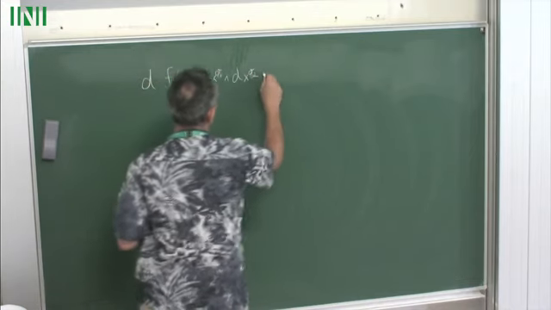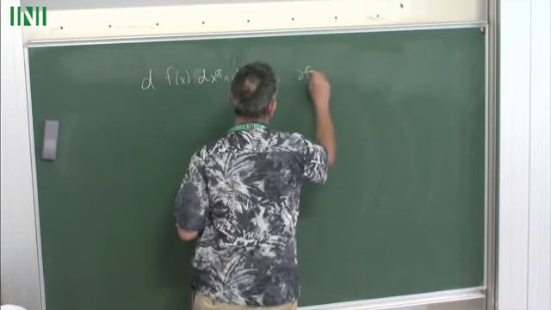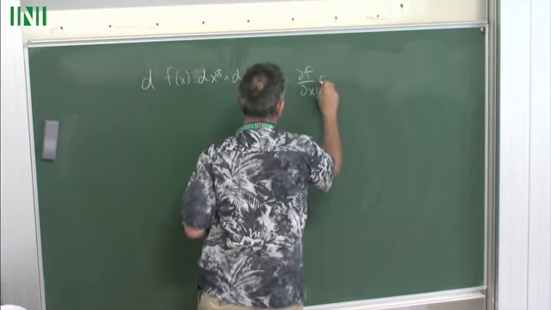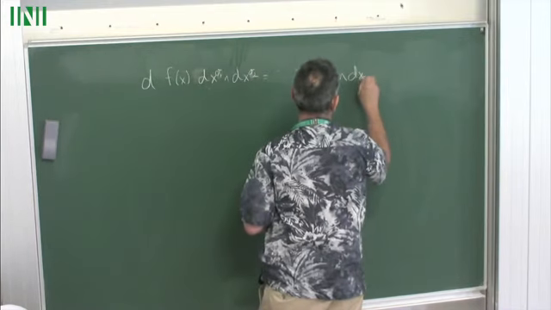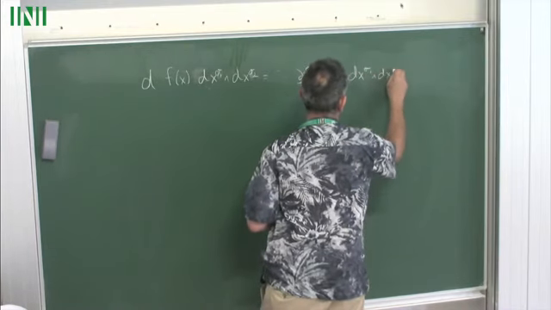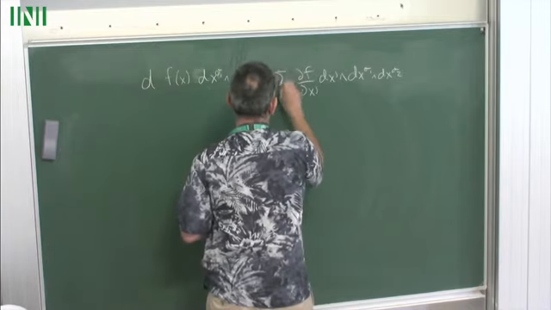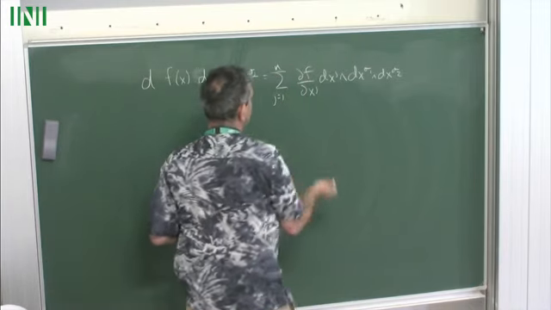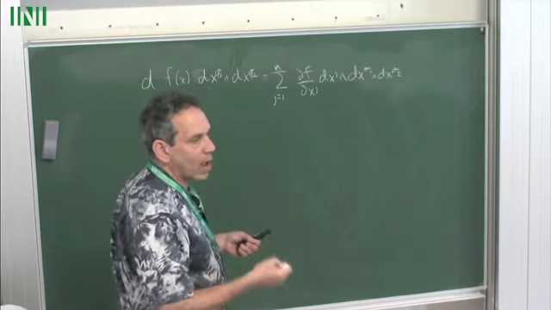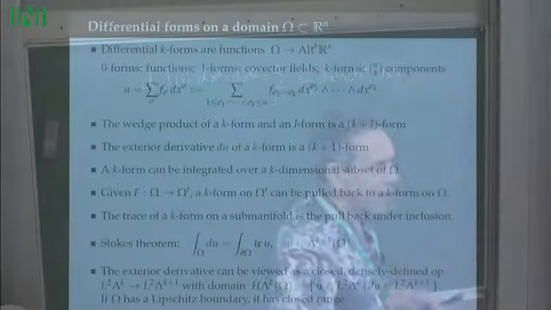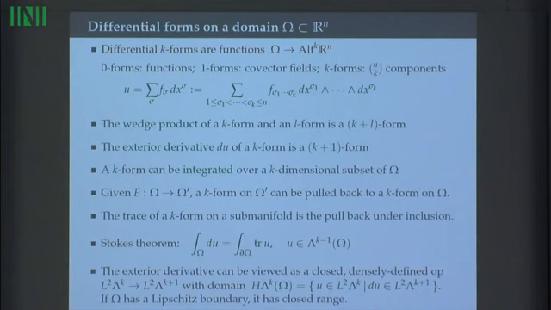D of that, you would just take the partial derivatives of f times dxj and wedge that with the rest of this stuff, and sum over j from 1 to n. That's the exterior derivative. And that captures in 3D the grad, the div, and the curl. In n dimensions, the first one is always the grad, the last one is always the div. The ones in the middle are different things that don't have simple, well-known names.